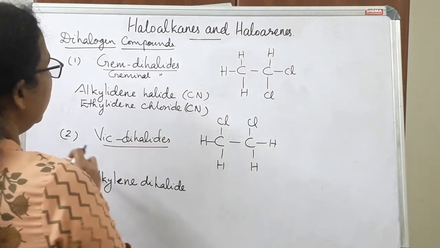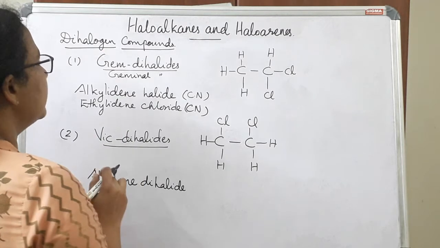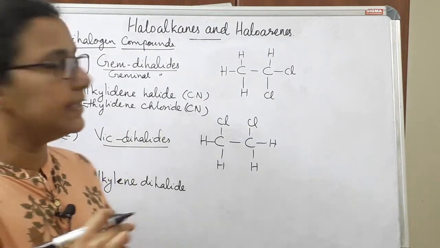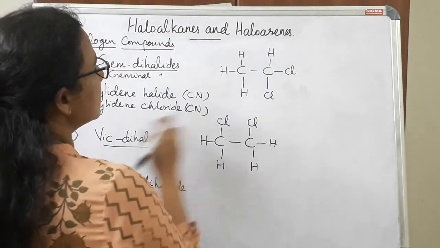So the common name of this particular gem dihalide is ethylidene chloride.